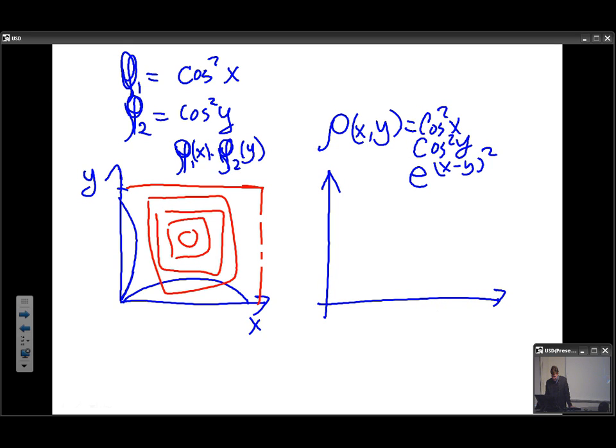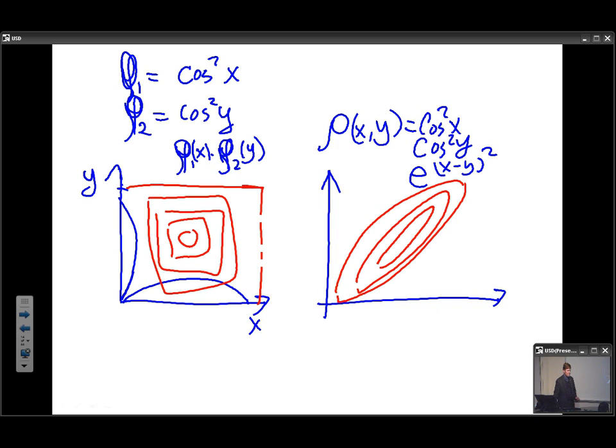Then the isocontour of such a function will not be so symmetric. It will consolidate along the main diagonal. But in many situations, this effect is very tiny and not important. Just to be general, one needs to take it into account.